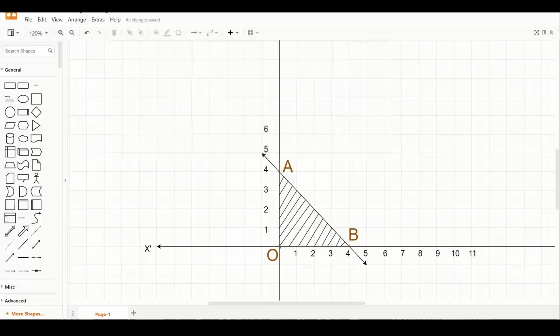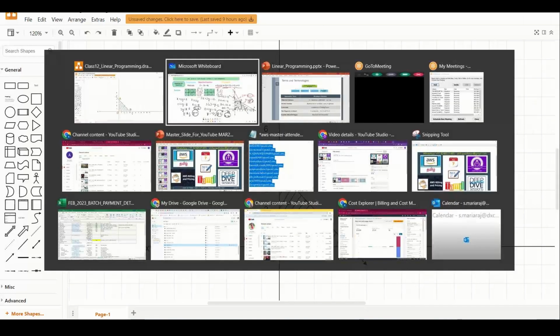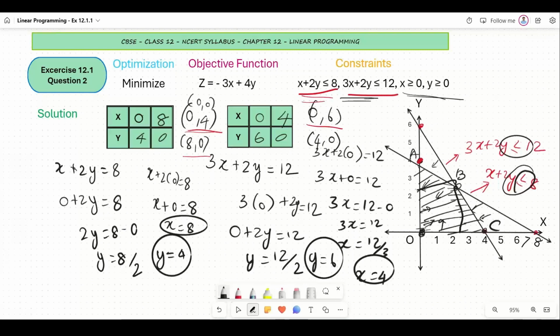If you had done this on graph paper, you might have got a very clean graph like this. That's the reason for this linear programming calculation, always go with graph paper. If you have graph paper, the numbers are properly aligned and it is easier to get the answer in a very straightforward way. But if you're not getting graph paper, you have to deal with a white sheet, so that's the reason I'm explaining it on a white sheet.